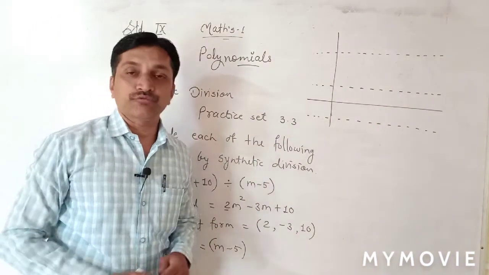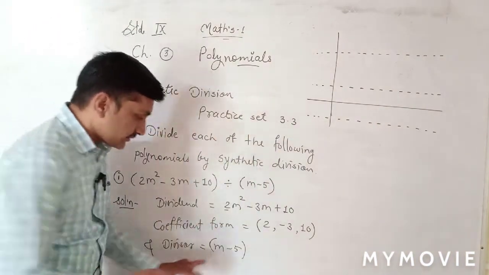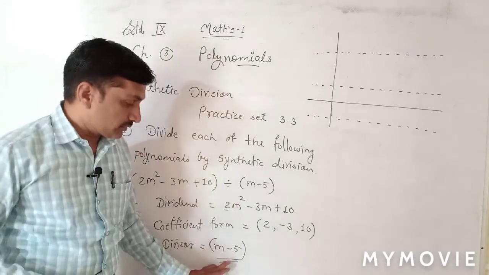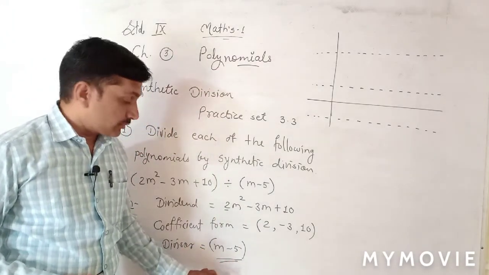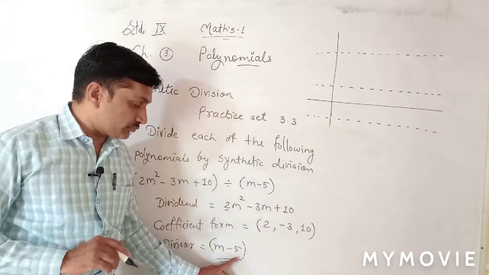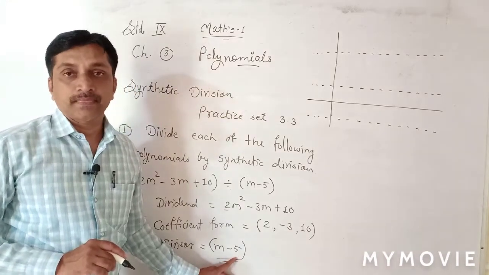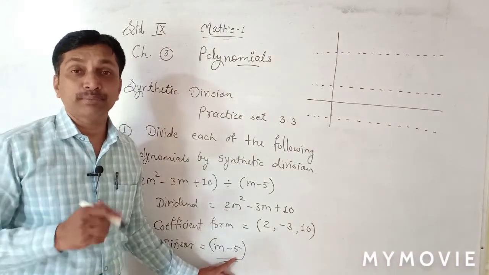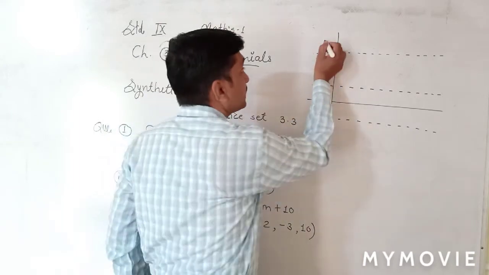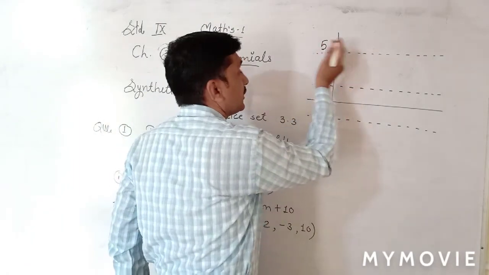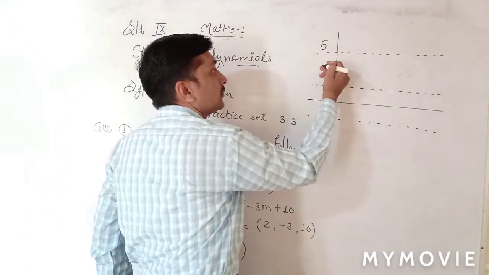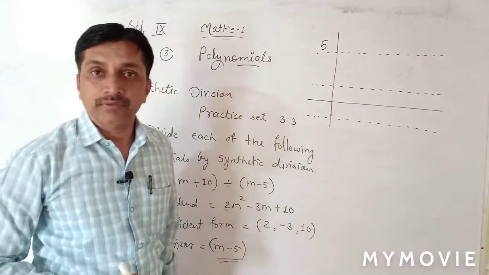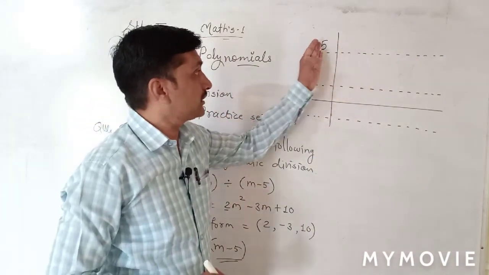Now in the first row, what do we have to write? The divisor here is m minus 5. Therefore take the opposite value of minus 5. What is the opposite value of minus 5? Plus 5. And write that plus 5 right here on the left of the vertical line in the first row.